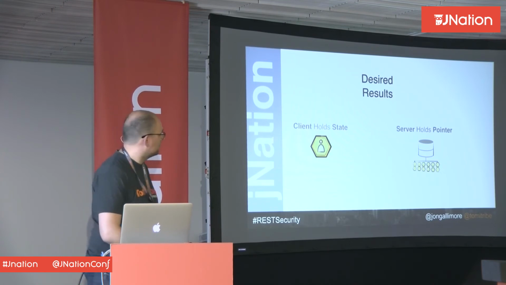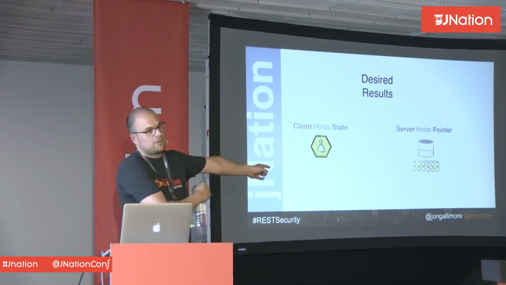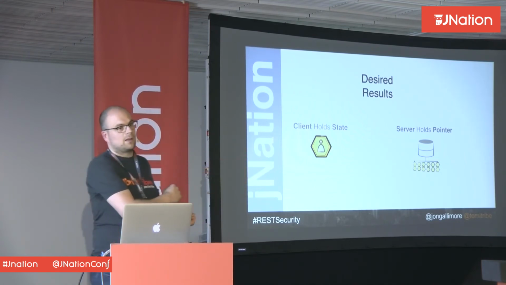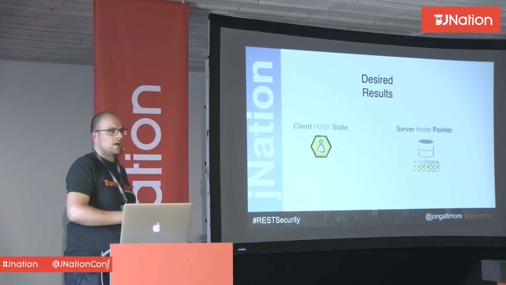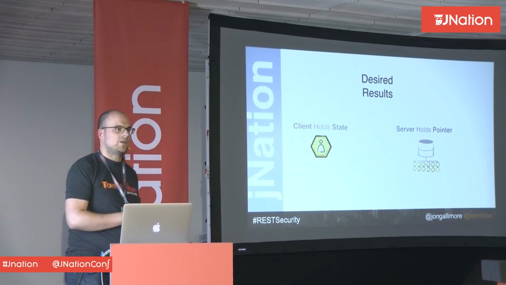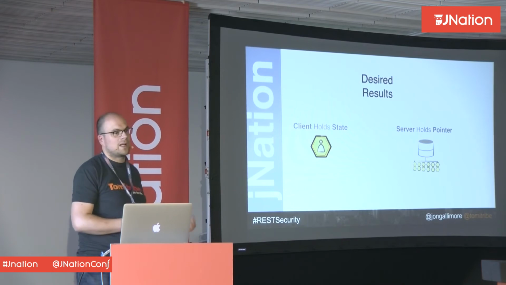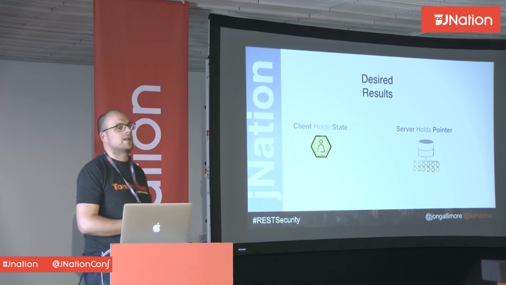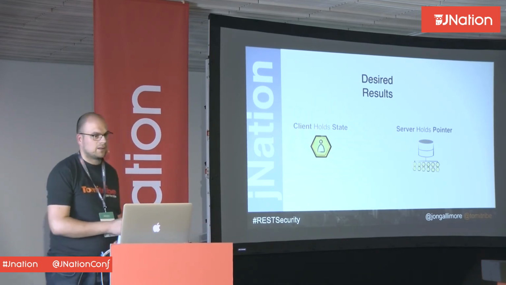So now we've flipped everything around. The server is holding a pointer, and the client is holding the state. Effectively, this is a little bit like where we had an HTTP session ID before from our login. This is now more like HTTP cookies, where we're sending the state back to the client.